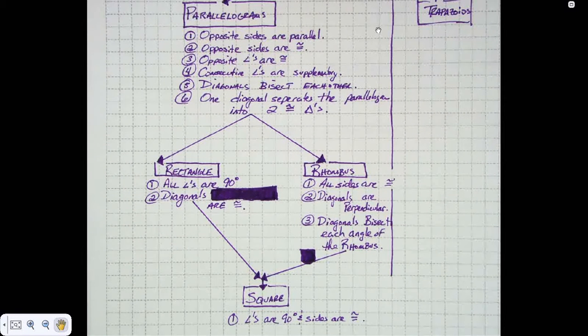So, get out your workbooks. Are these really much different than the problems we have been working on? No, they're just adding a couple more things that are true.